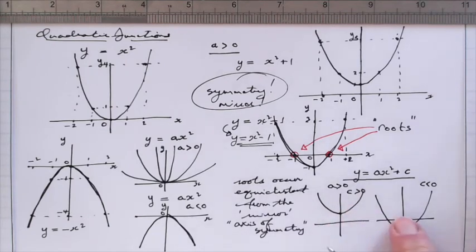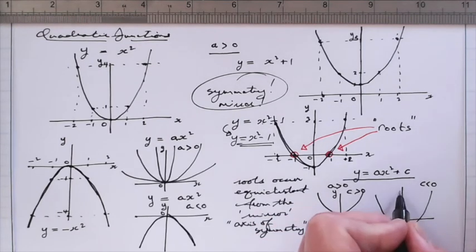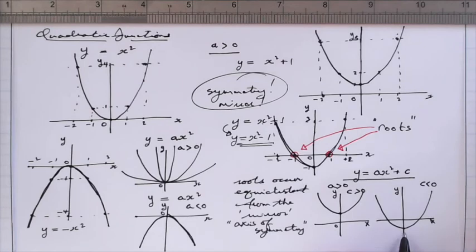They're both symmetric about the y-axis, this one has roots and this one does not have roots. So there are the two roots. Notice they are equidistant from the mirror here.